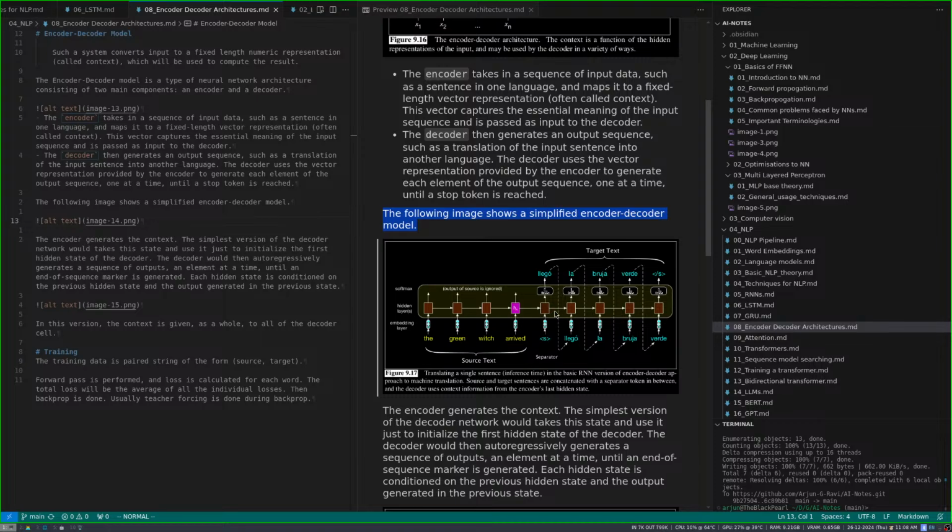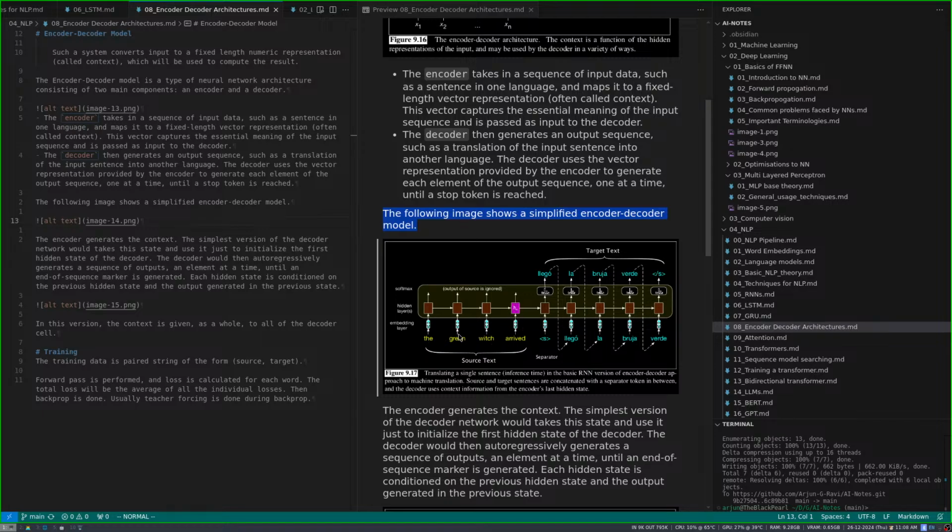And when the separator is given, at each term the output is generated and we just ignore all of them. And here, the context is complete, right? This has information about all of these.